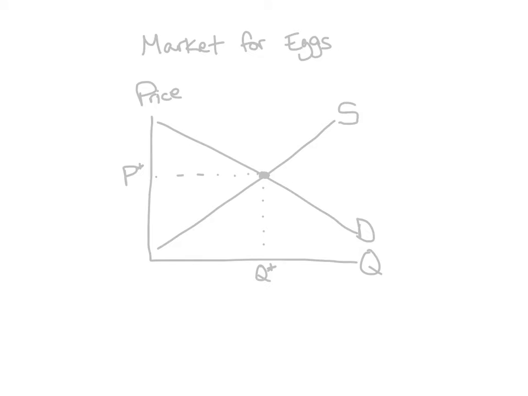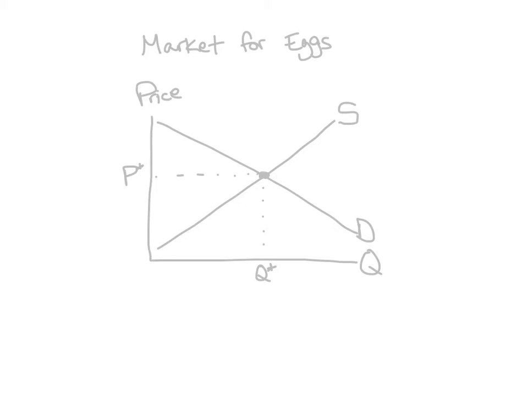Equilibrium is the price at which quantity supplied and quantity demanded are exactly equal to each other. All right, so in scenario number 1, part A, it says the Surgeon General warns that high cholesterol foods cause heart attacks. So eggs are a high cholesterol food.